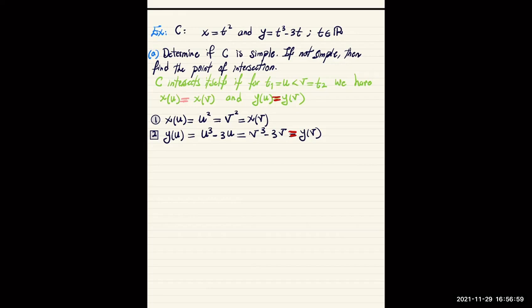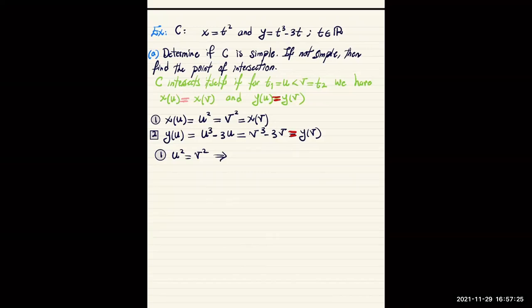So take the first equation, which again says u squared is equal to v squared. All you have to do here is take the square root.